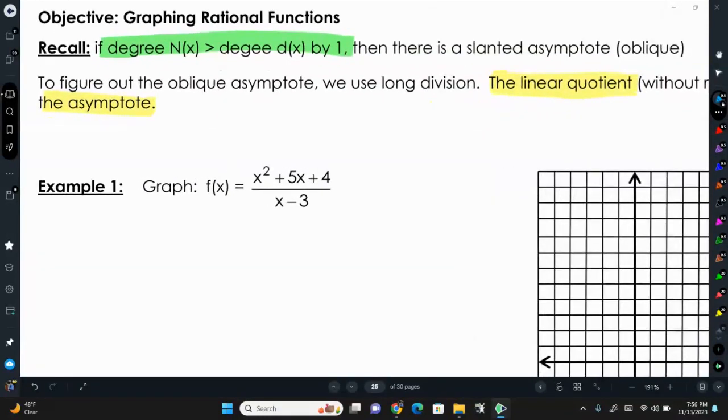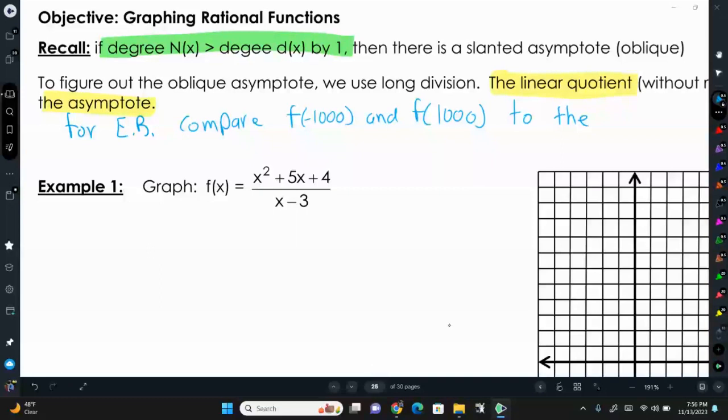For end behavior, we are going to compare f of negative 1,000 and f of positive 1,000 to the slant asymptote or oblique asymptote.